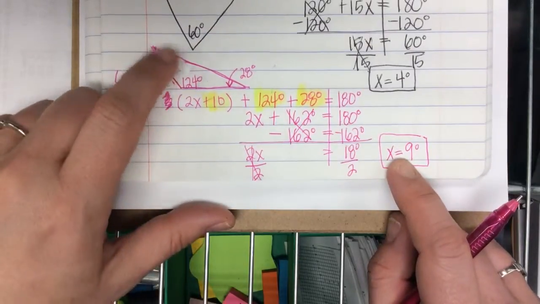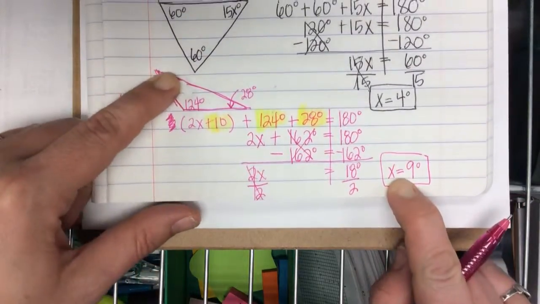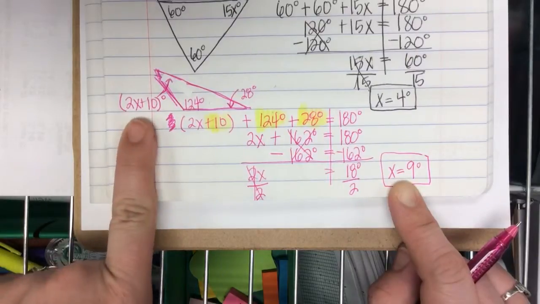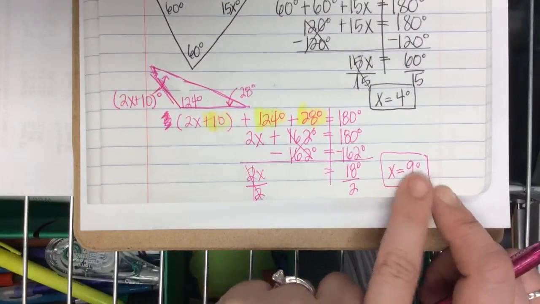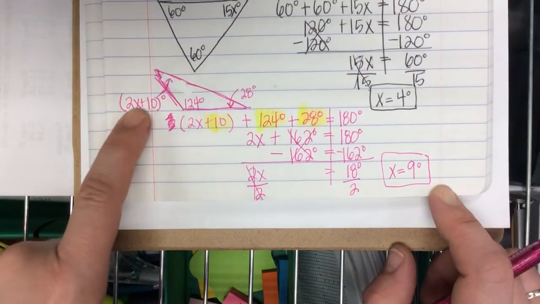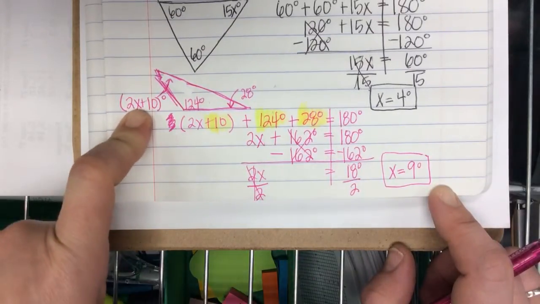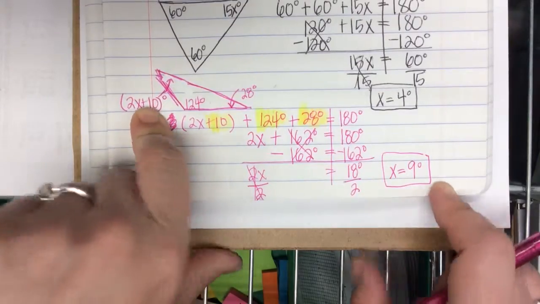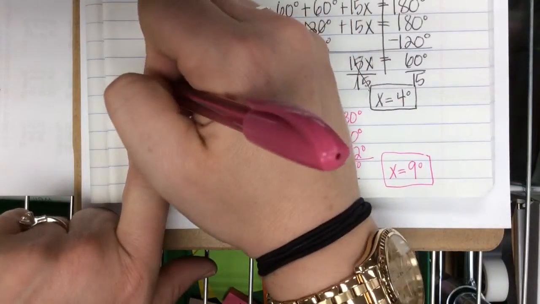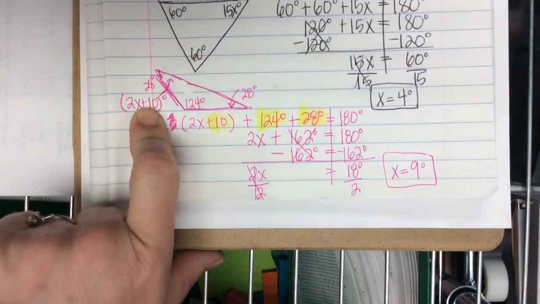But I still don't know what this third angle is, do I? 28. Tell me how to do it. 2 times 9, I substitute my value of 9 into my problem. 2 times 9 is 18. Plus 10 is 28 degrees.